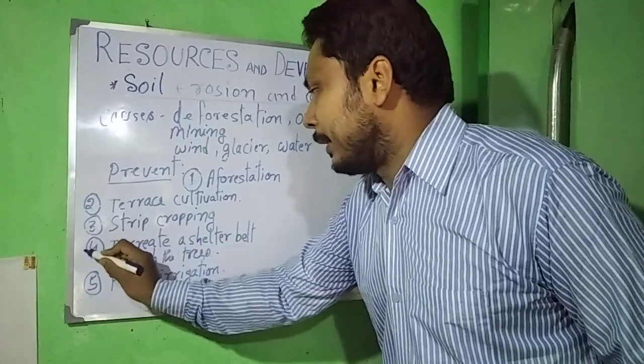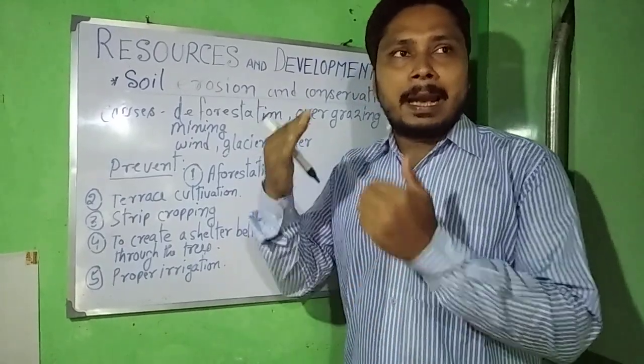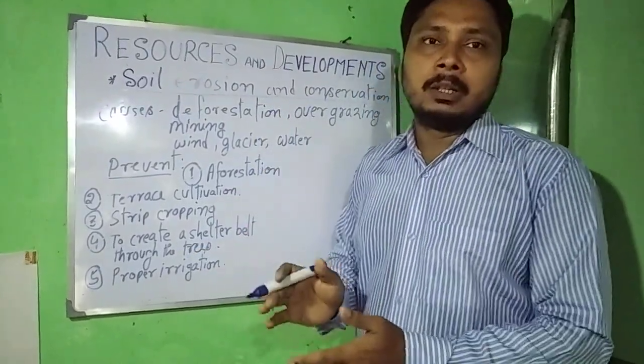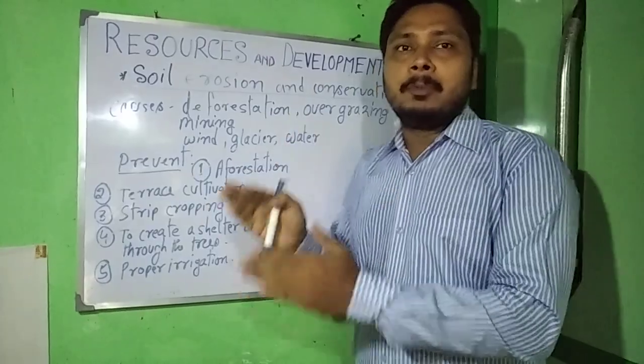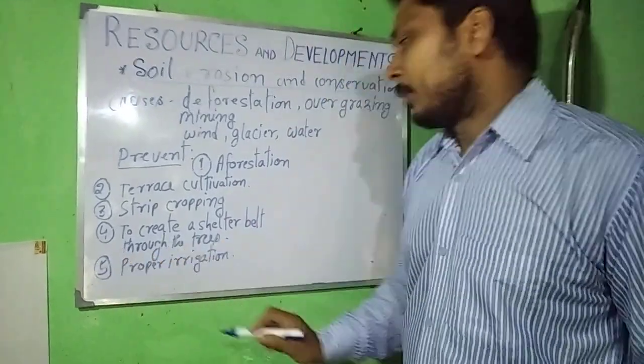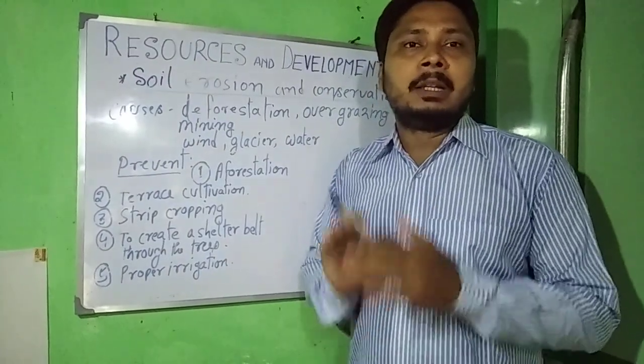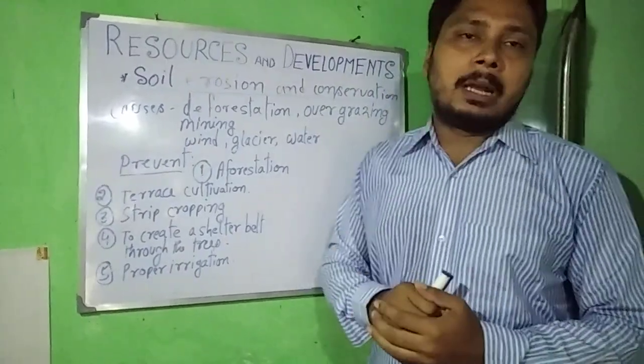The 4th point is to create a shelter belt of trees, as trees can protect against wind and also help prevent soil erosion. And the last point is a proper irrigation system, which can stop soil erosion.